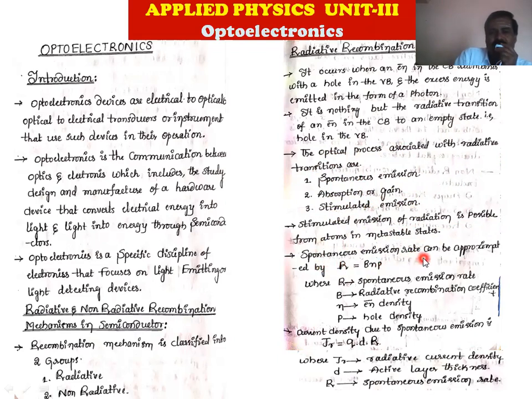The spontaneous emission rate can be approximated by R = B n p, where p is the hole density and n is the electron density. In the radiative recombination process, B is the radiative recombination coefficient and R is the spontaneous emission rate.